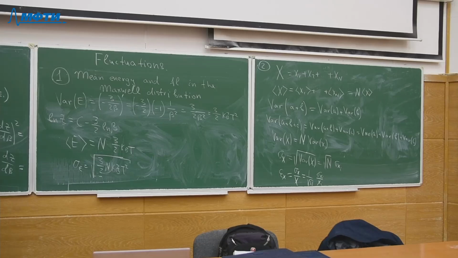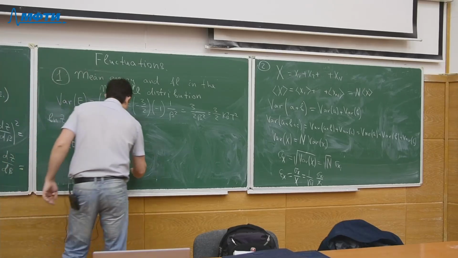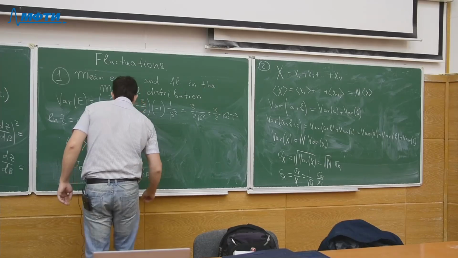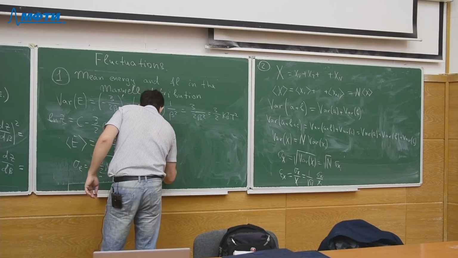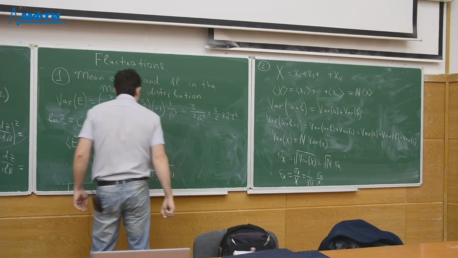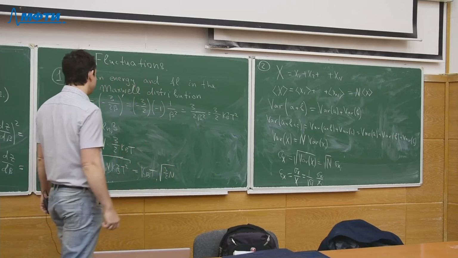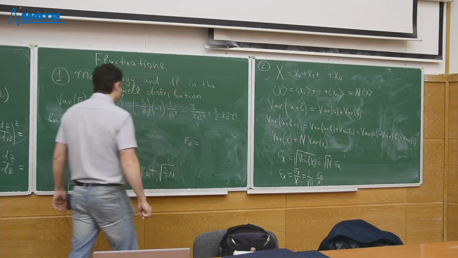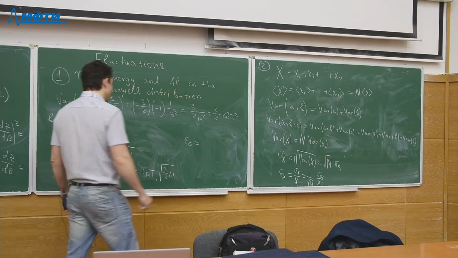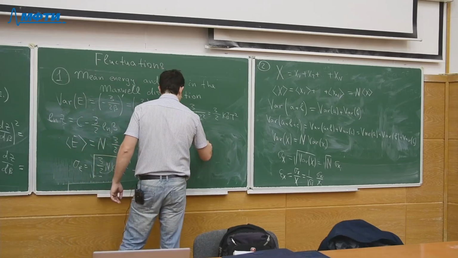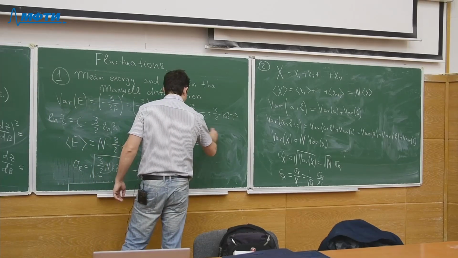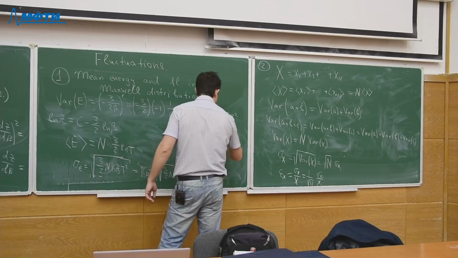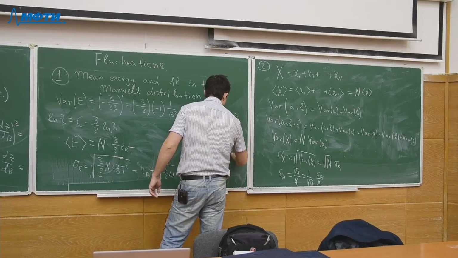Well, actually, I can take kBT out of the square root, so that would leave me with kBT times square root of 3 over 2n. And if I calculate the relative fluctuation of the translational energy of molecules, that would give me something like square root of 2 over 3n, which is approximately equal to 1 over square root of n.